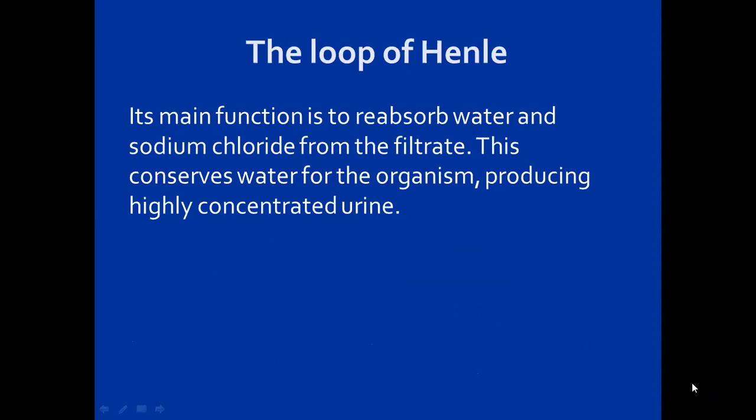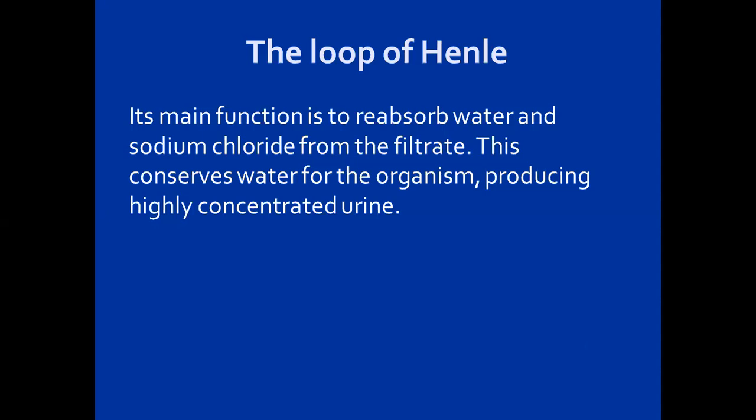The loop of Henle. Very simplistically, and please don't go and look this up anywhere because it's quite complicated in some of the sources that you'll look at. So its main function is the reabsorption of water from the filtrate.